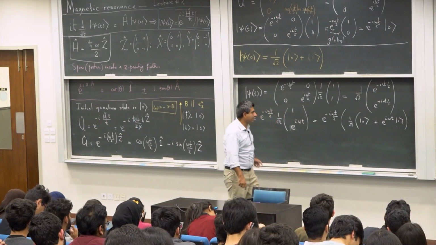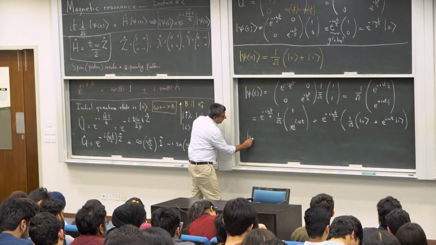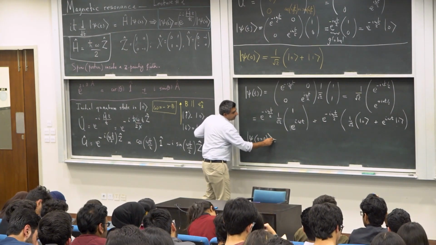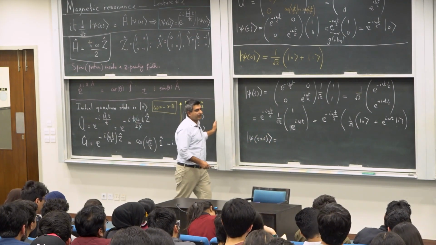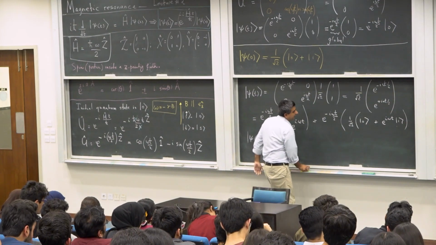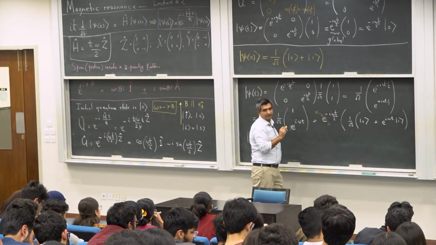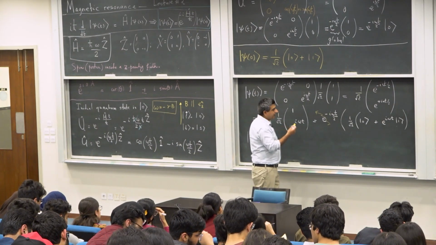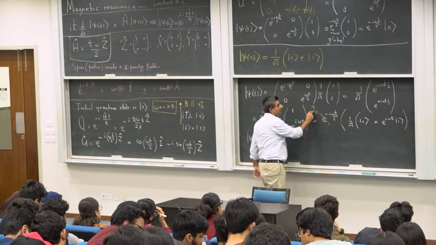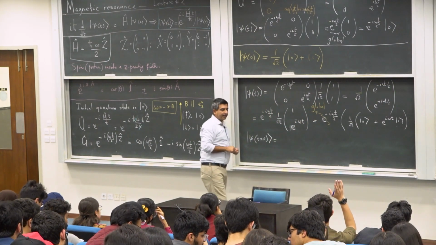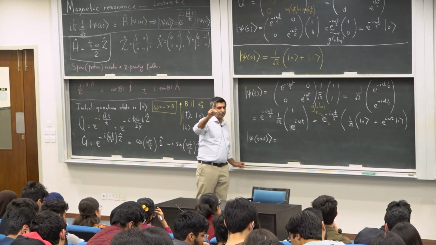For example, if I were to take this state at time equals 0, what is this state equal to? I can just ignore the global phase. It's immaterial. It doesn't matter. It's a global phase. So I can write it if I wish to, but it's a global phase and can be ignored. I'll take questions. Just let me finish my argument.